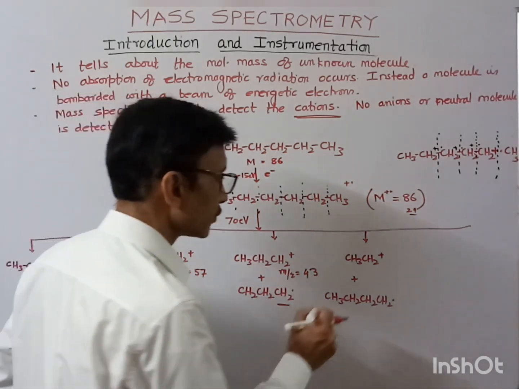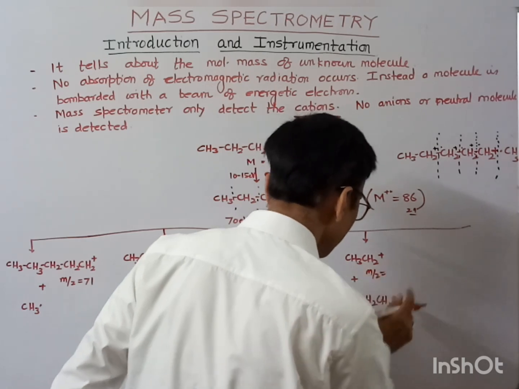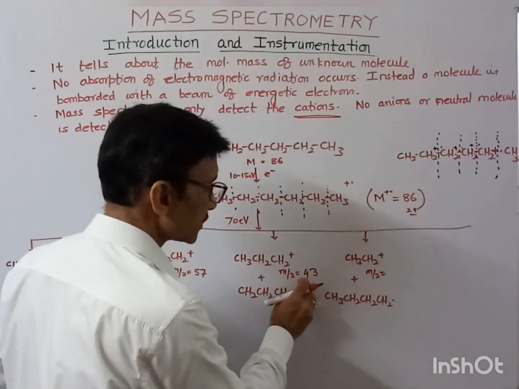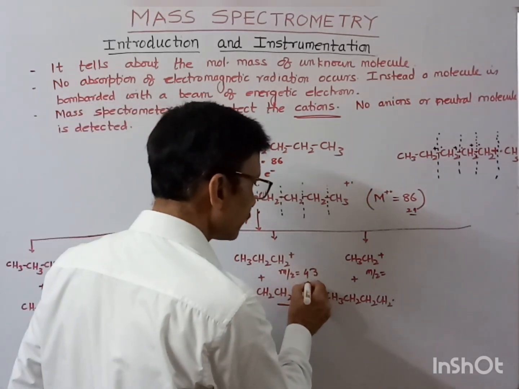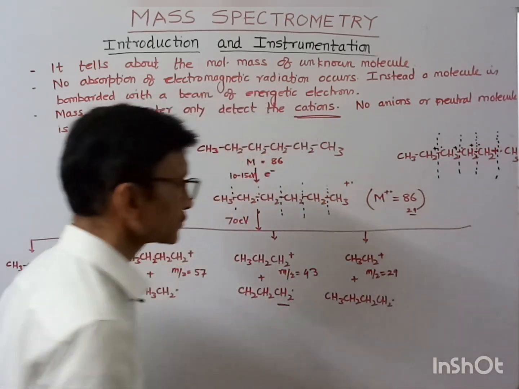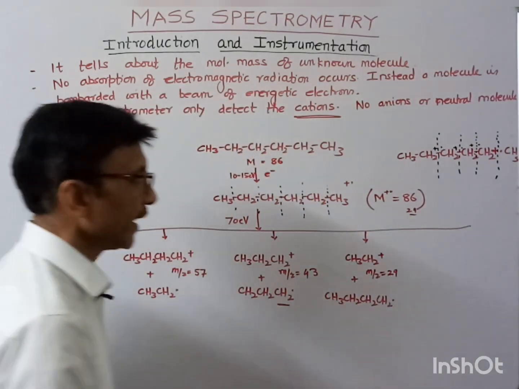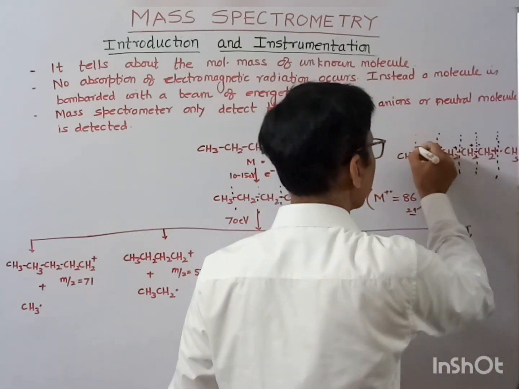What would be the m by z value for this? Again subtracting CH2, that is 14, from 43, so that is 29.